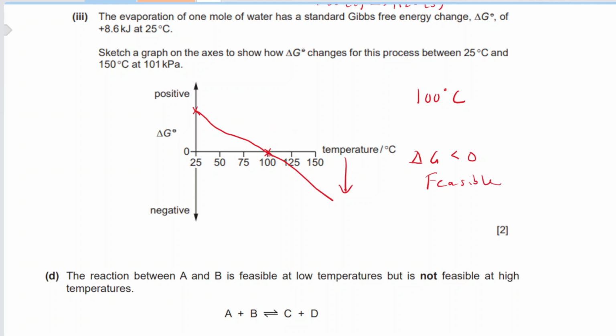Okay, but before this 100 degrees centigrade, it's not feasible, right? So it can happen, like water can evaporate, but it's not like all the reaction will happen. Okay, so that's why the line must cross 100 degrees centigrade, and after that, that's when the delta G is negative.